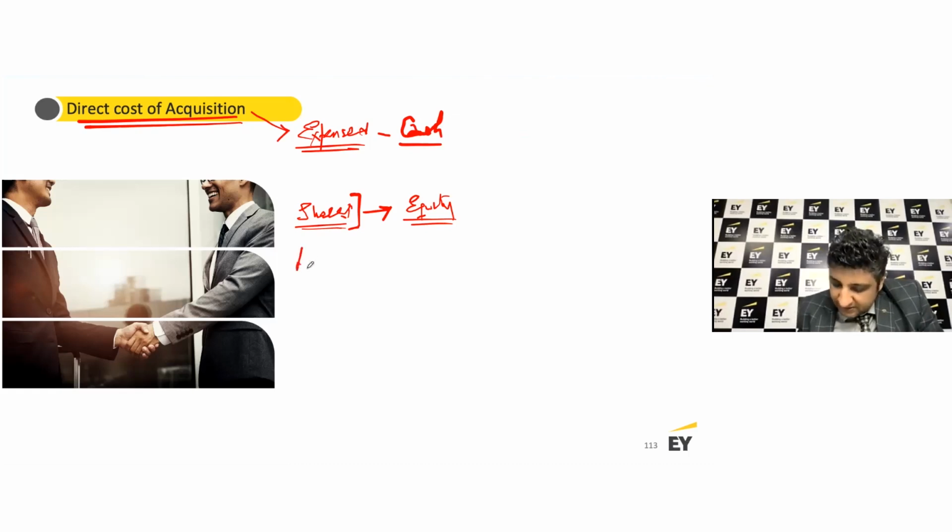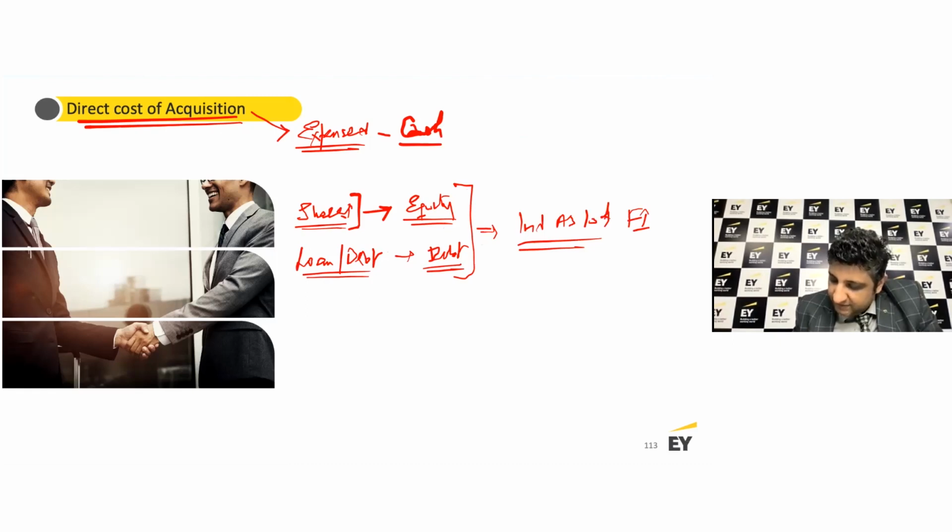Likewise, if there is a loan or a debt issued, to that extent those costs should be adjusted from that debt. So practically the accounting that follows here is impacted from Ind AS 109, which is financial instruments, right? That's what you want to remember.